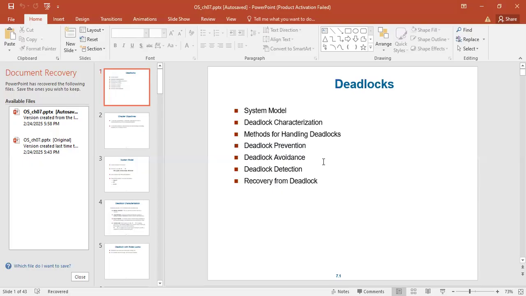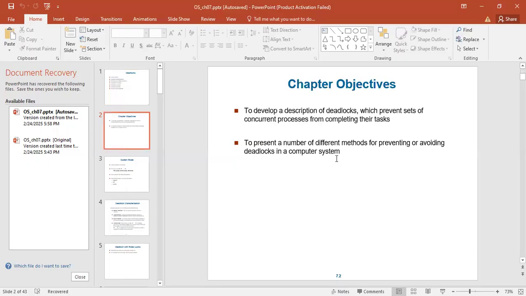The overview of deadlocks consists of system model, deadlock characterization, methods for handling deadlocks, deadlock prevention, deadlock avoidance, deadlock detection, and recovery from deadlock.